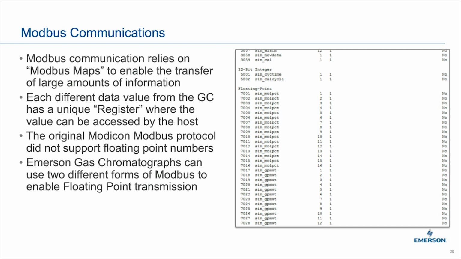It did not support floating point numbers, and that's actually caused a problem because now there's multiple ways of putting floating point numbers on the Modbus link, and in fact the GCs that we have, 2 different ways of putting floating points up on the Modbus communication links, and so that's one of the differences that we see between different devices.